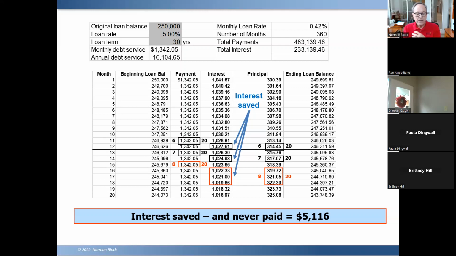Now, admittedly, if you go back and look at your amortization schedule, over time, that principal amount's going to get bigger. So if you really wanted to kill this thing off in 5 years or 10 years or 15 years, what you do is you start out in the early years and pay more than one prepayment while they're low and easy to do.